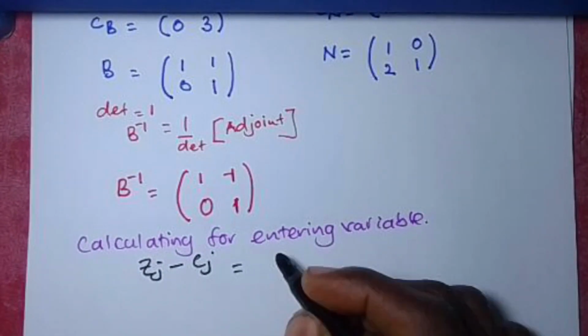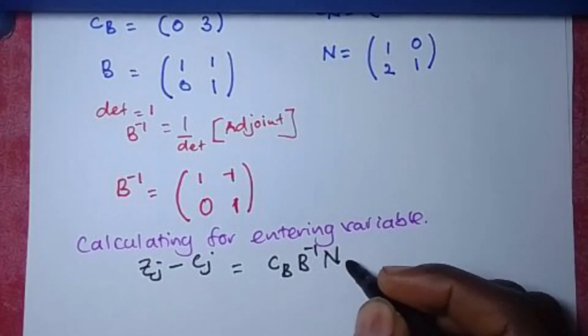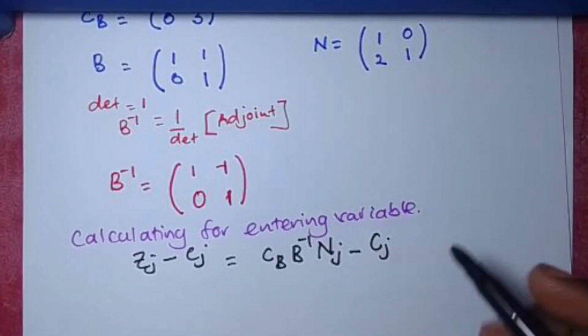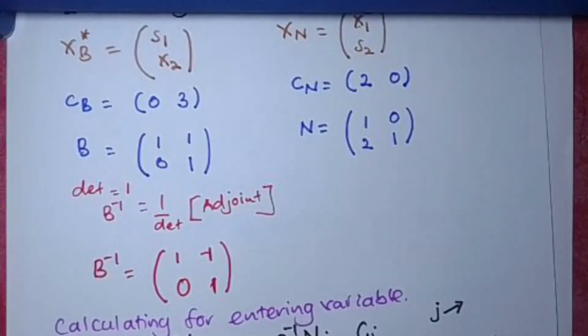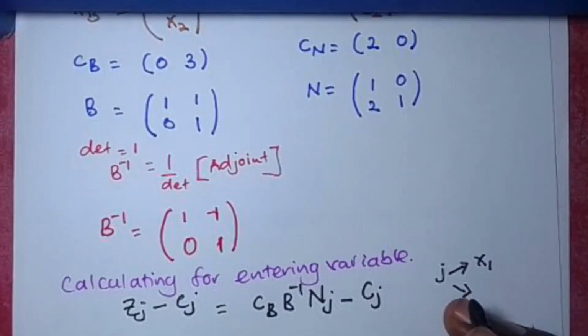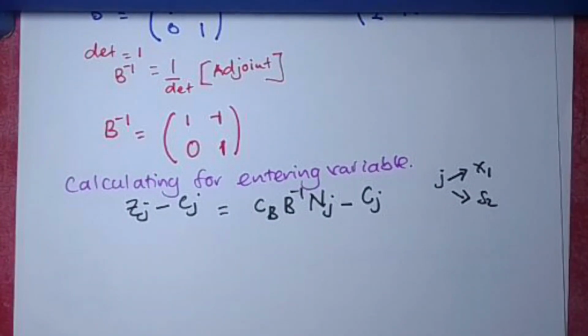It is the same as CB B inverse Nj minus cj. Here our j's represent the non-basics, which are x1 and S2. So x1 and S2 will be our non-basics. So let's calculate for x1.